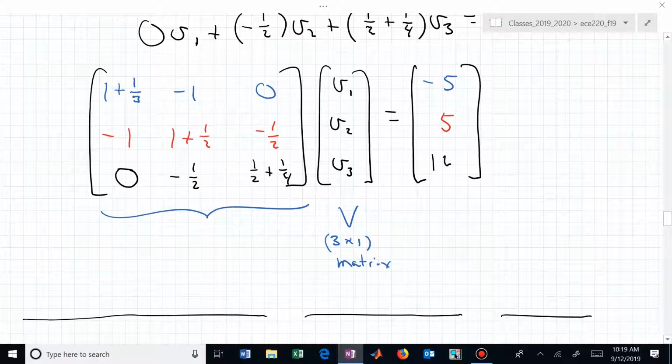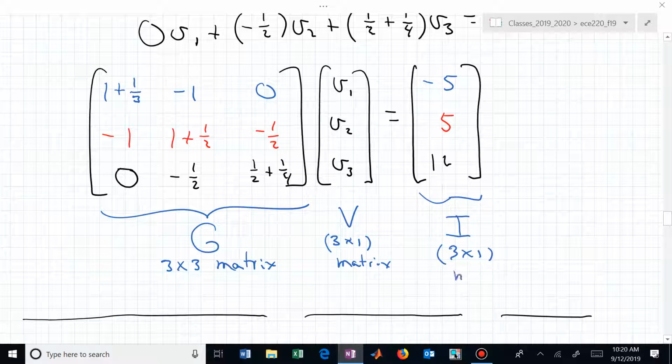What about this bad boy? Something times V gives me currents. That's the reciprocal of resistors. This is actually a G matrix, conductance, and it's 3 by 3. And this is I, 3 by 1. It's a current and it's a matrix.